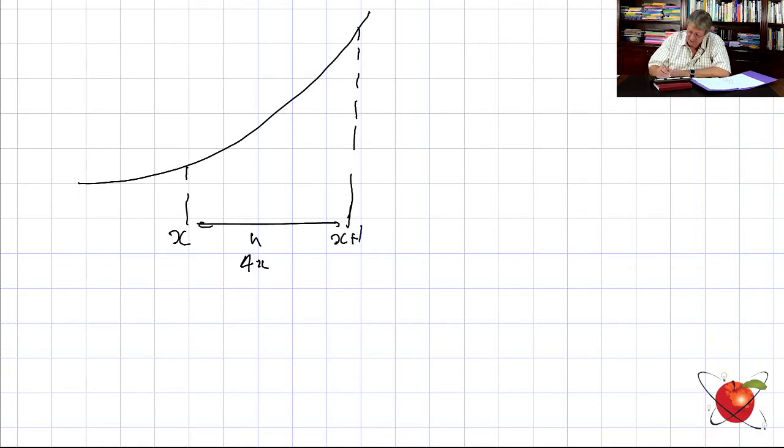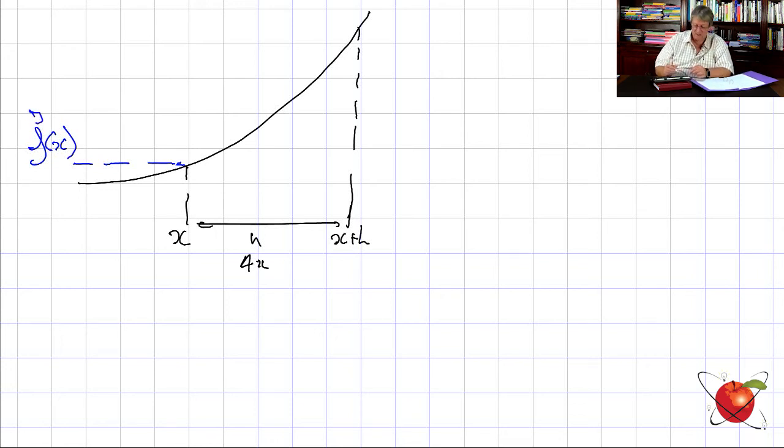This coordinate is x plus h. Then I'll use blue. The coordinate there is going to be f of x.